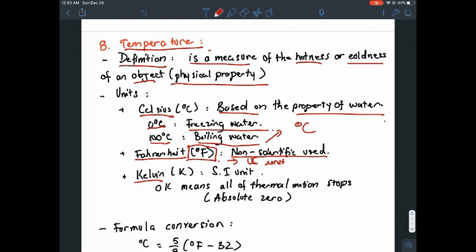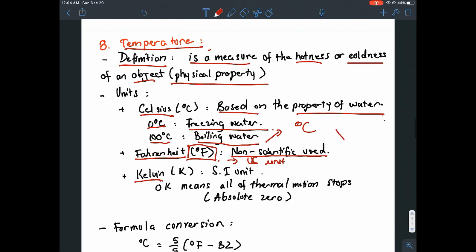So in the scientific field, specifically in the chemical field, it is not used to calculate anything. We're going to use Celsius and Kelvin to measure temperature in chemistry.